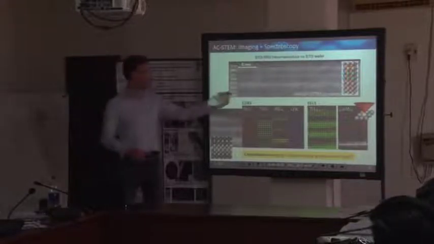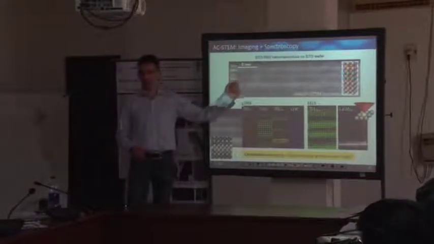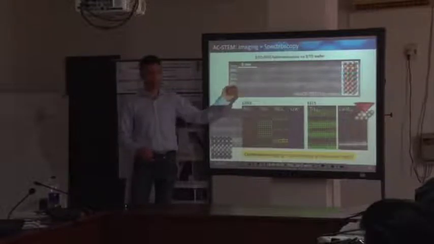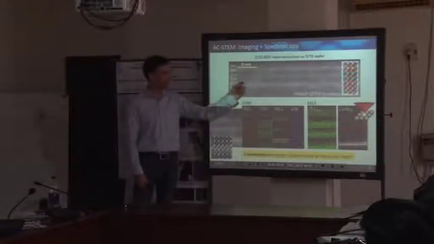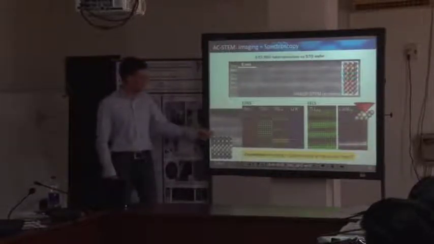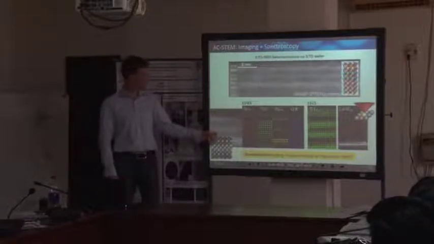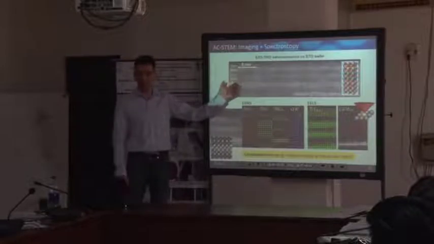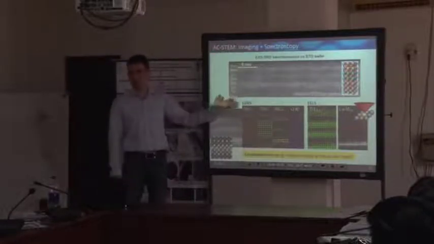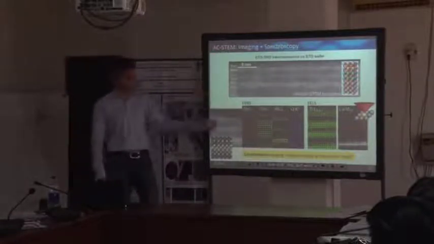So this is an image from a non-aberration corrected microscope, and in principle, at 200 keV, a common modern microscope should provide such a resolution. For comparison, this is the probe-corrected image, and you can see the resolution is in principle better by a factor of, let's say, 2 or 3 in this particular case.